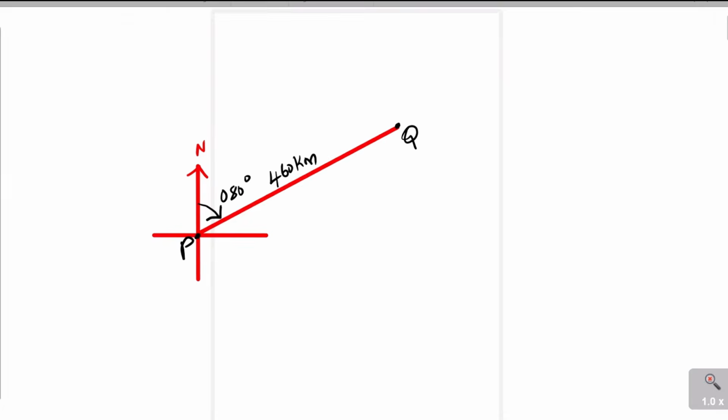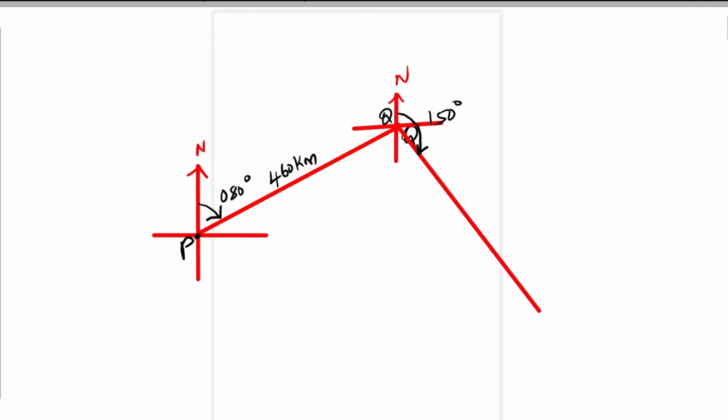Then R is 400 kilometers on a bearing of 150 from Q. So from Q again, you shall construct the north here. So 150 degrees will be somewhere there. This is how you're going to measure the angle. So this angle here is 150.